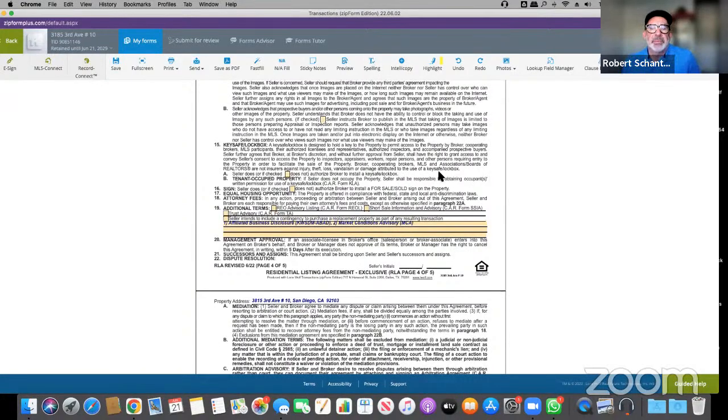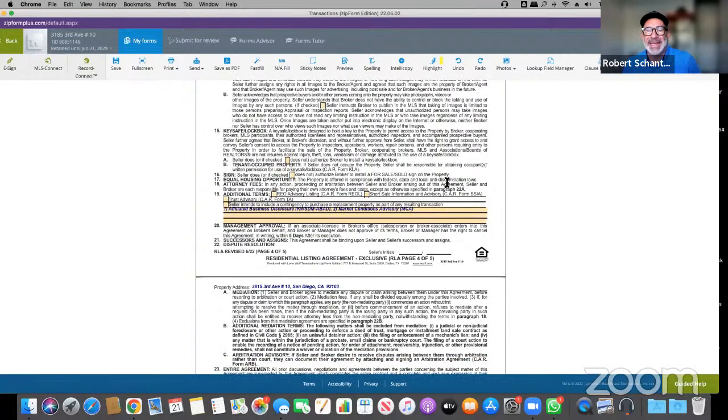16 talks about the seller authorizes the broker to install a for sale sign or a sold sign on the property. And that, of course, if the property allows it, if it's within an HOA community, you need to know the HOA community rules. 17, equal housing opportunity. We talked about that, again, anti-discrimination laws, but we offer this property in compliance with that. 18 addresses attorney fees.